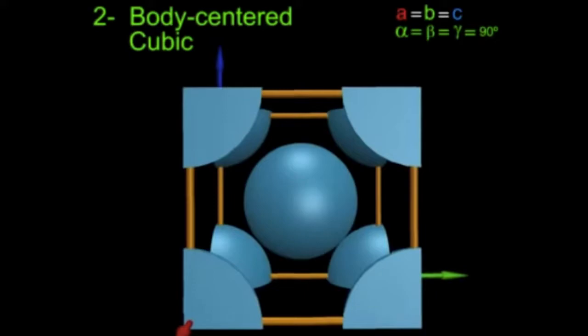Therefore, the contribution of each particle present at a corner to a unit cell will be 1/8 only. The particle present at the center of the unit cell will be counted completely in the unit cell because it is present completely inside the unit cell.